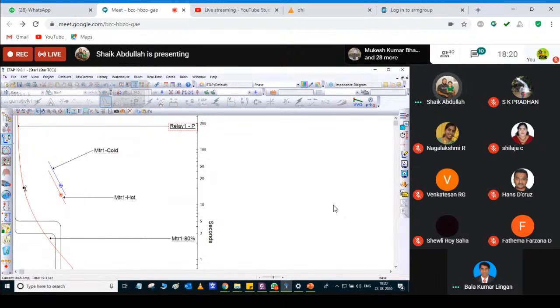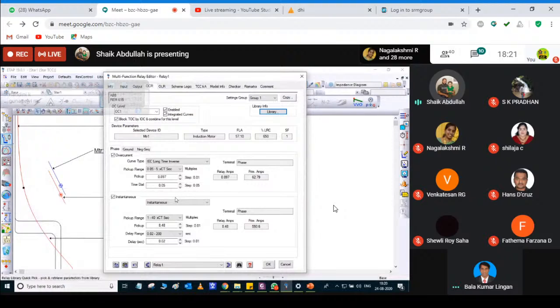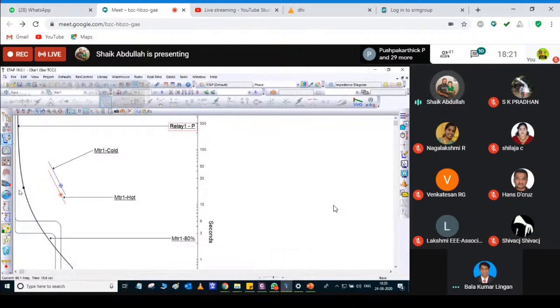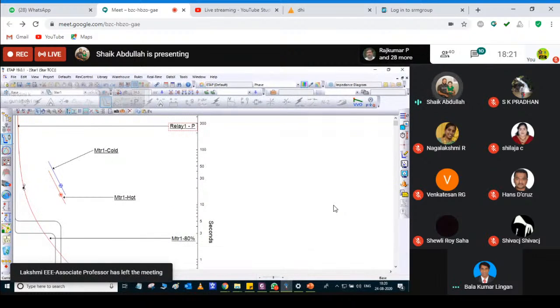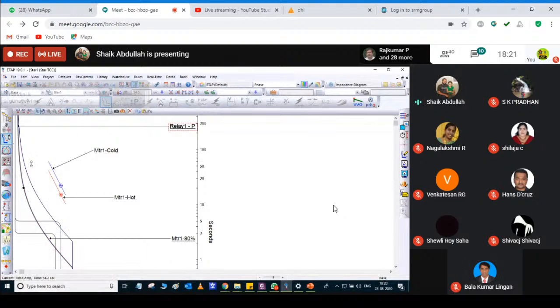That is called TMS, the time multiplier setting, because we didn't adjust the time dial here. We gave only the pickup settings, and we have chosen the curve type, but we didn't touch the time dial, because in ETAP we have the advantage of just clicking here. You have to adjust it manually, and it will avoid this.